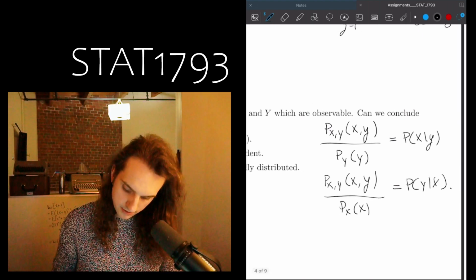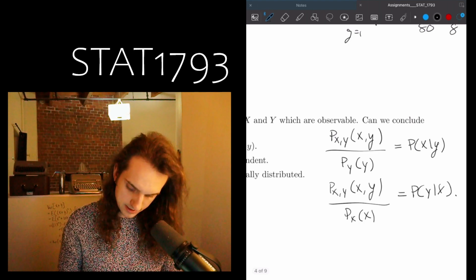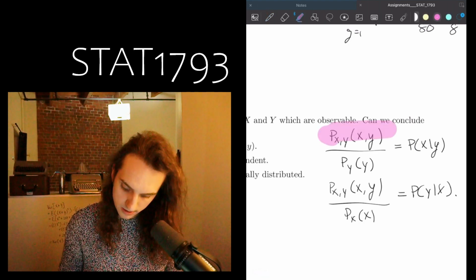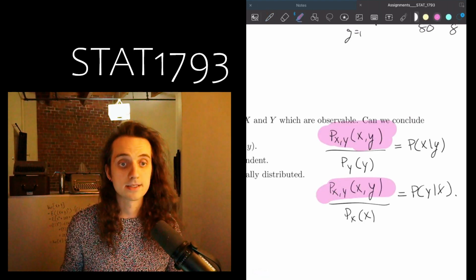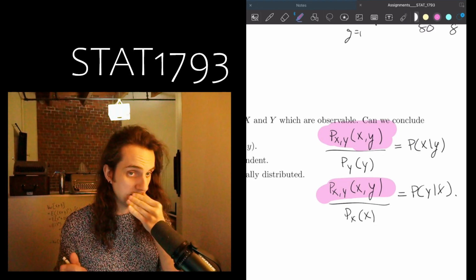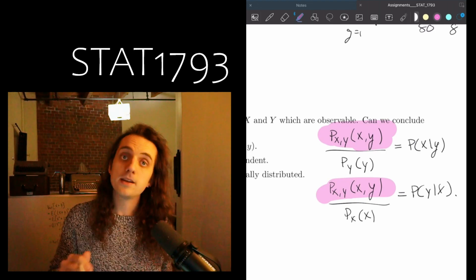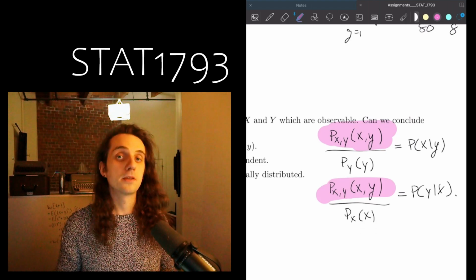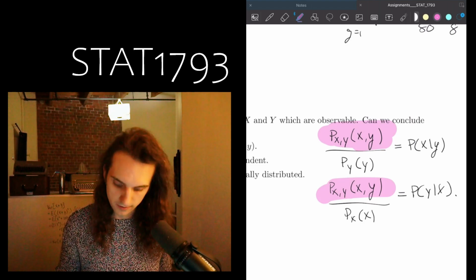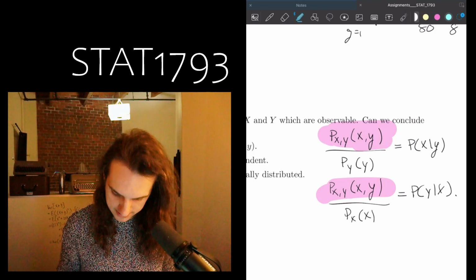And so we have these two different expressions here. In these expressions, we always know that our numerator is going to be the same, right? Because the joint probability is the same. And of course, probability of x and y is the same thing as the probability of y and x. You can switch that order all the time, right? So those two expressions are exactly the same.